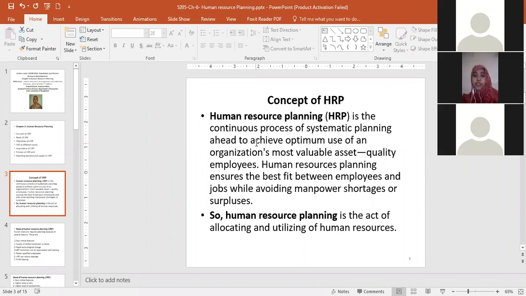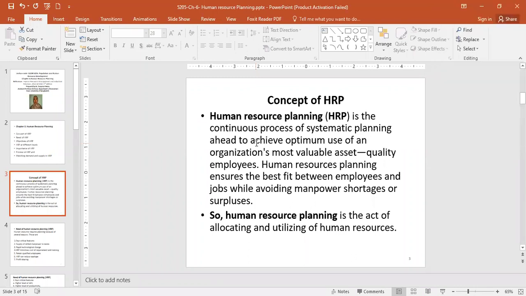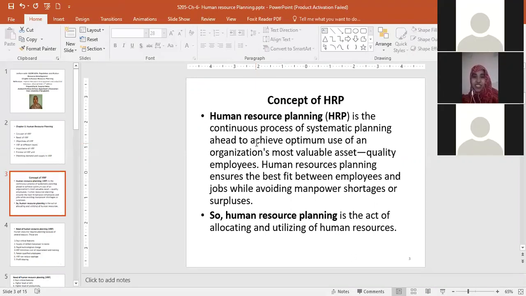Bapon Sekba? According to me, ma'am, it is a systematic organizing human. That it is a continuous process, not systematic planning. Yes.